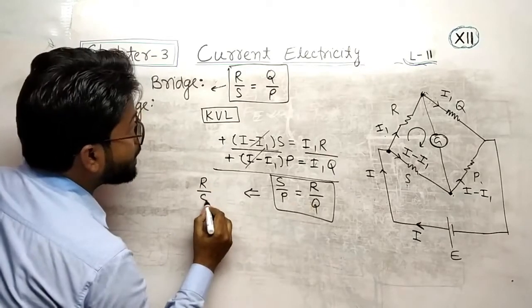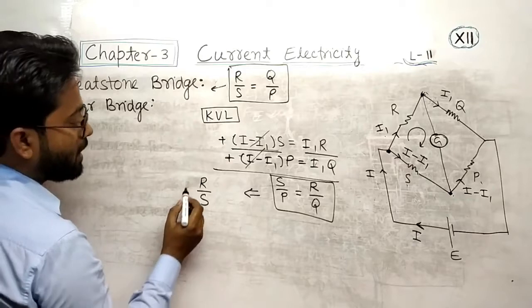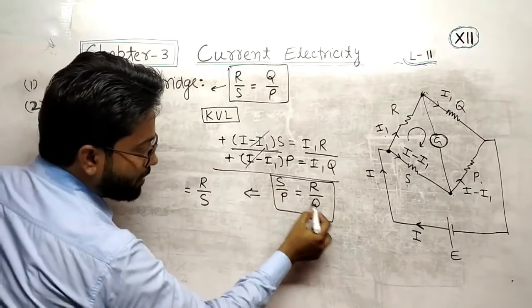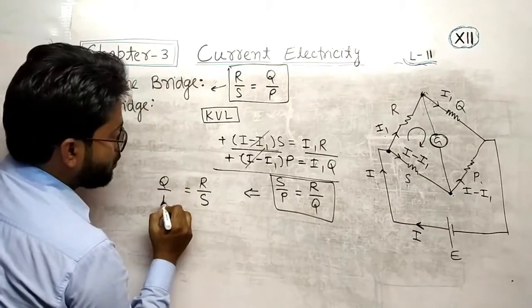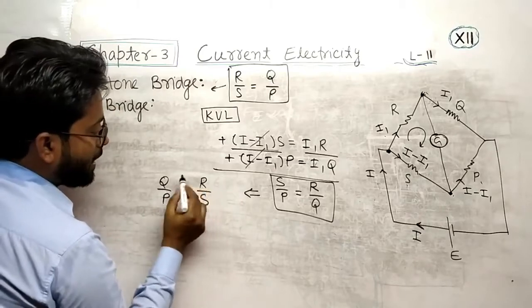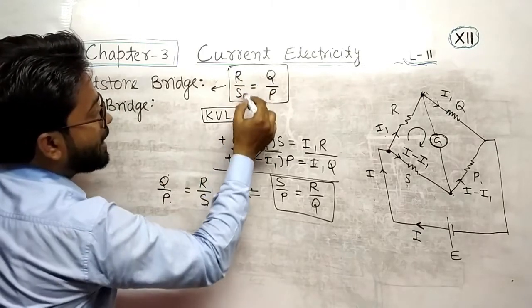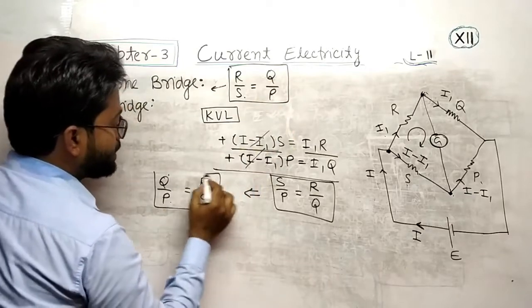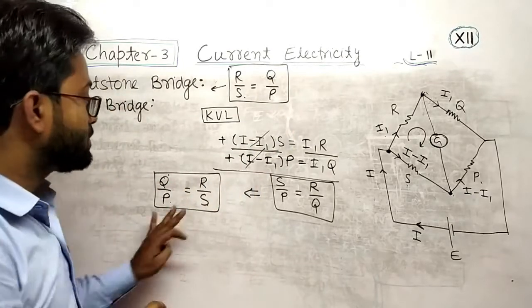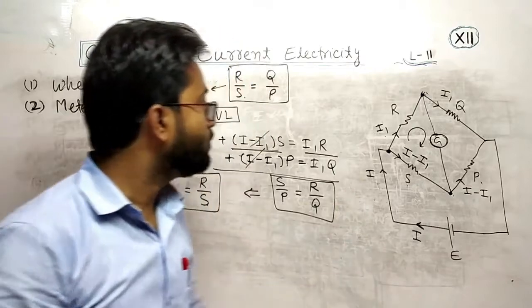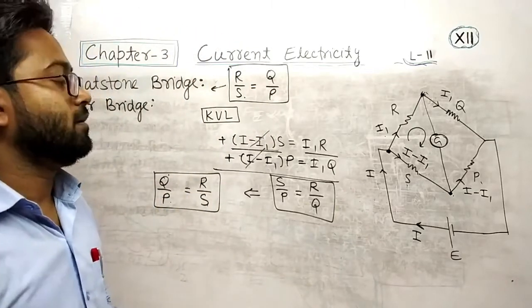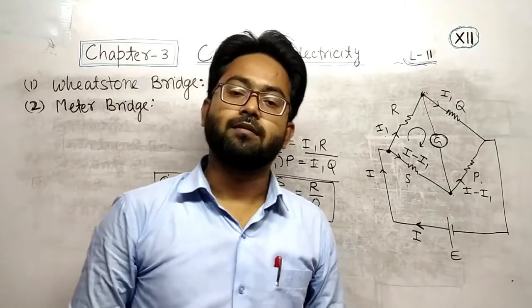R upon S equals Q upon P. This is the condition when the Wheatstone bridge is in balance.